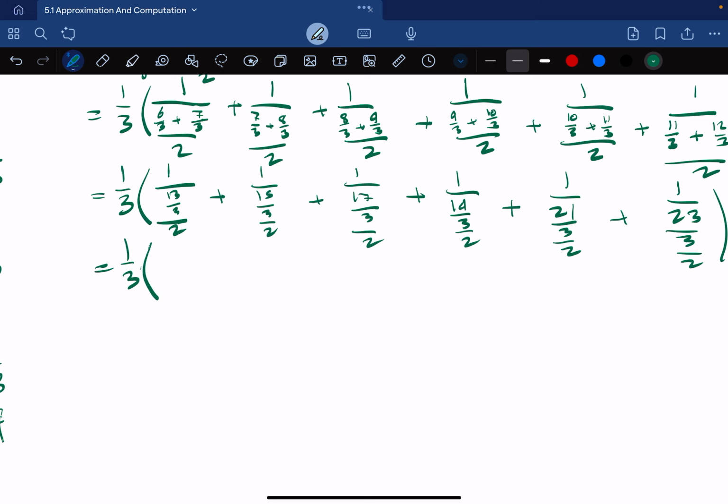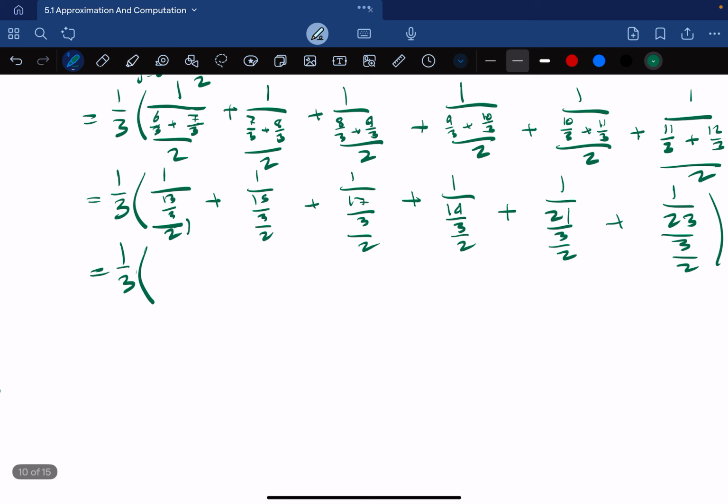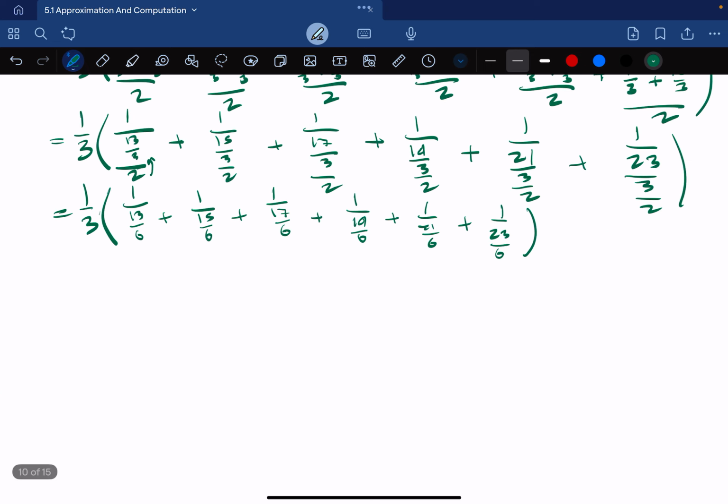Now, this turns into 1 over 3 times. We're going to actually bring this up. So this turns into 13 over 6. So 1 over 13 over 6 plus 1 over 15 over 6 plus 1 over 17 over 6 plus 1 over 19 over 6 plus 1 over 21 over 6, finally plus 1 over 23 over 6.